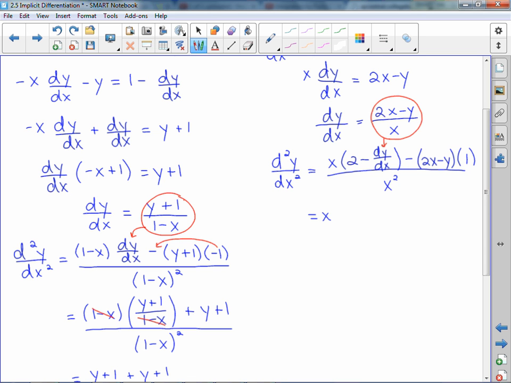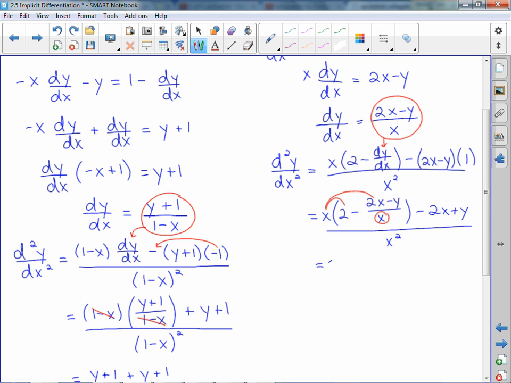So we get x times 2 minus the quantity 2x minus y over x minus, I'm going to go ahead and distribute the negative and get negative 2x, and then a negative makes it positive y, all over x squared. Okay, what I see now is that I actually want to distribute this x to each of these because it's going to cancel this x down here, which is kind of nice.